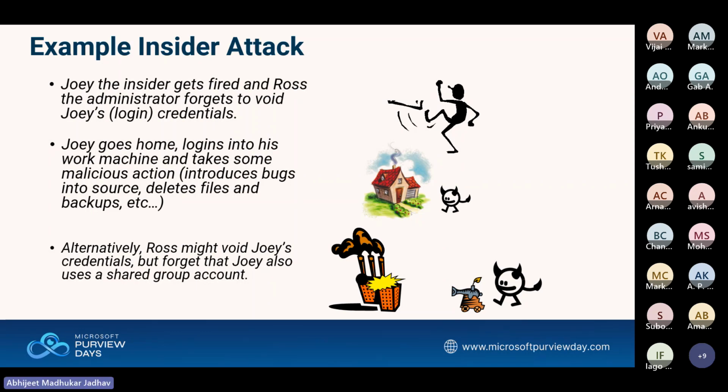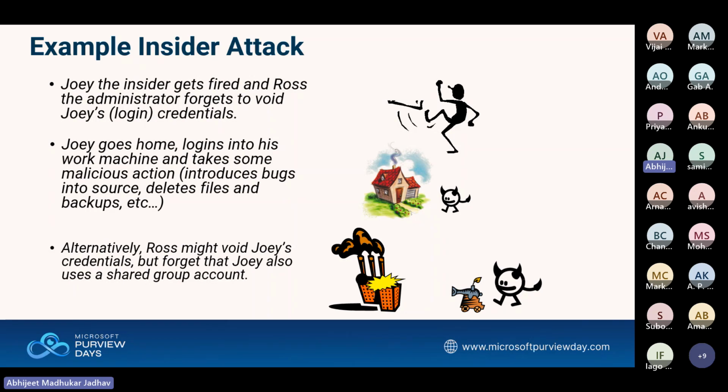This is not the only way. This is a classic case of an insider attack. Here we know that Joey has resigned or been fired from the company, and we know that a malicious attack has been done, at least we are able to understand that.